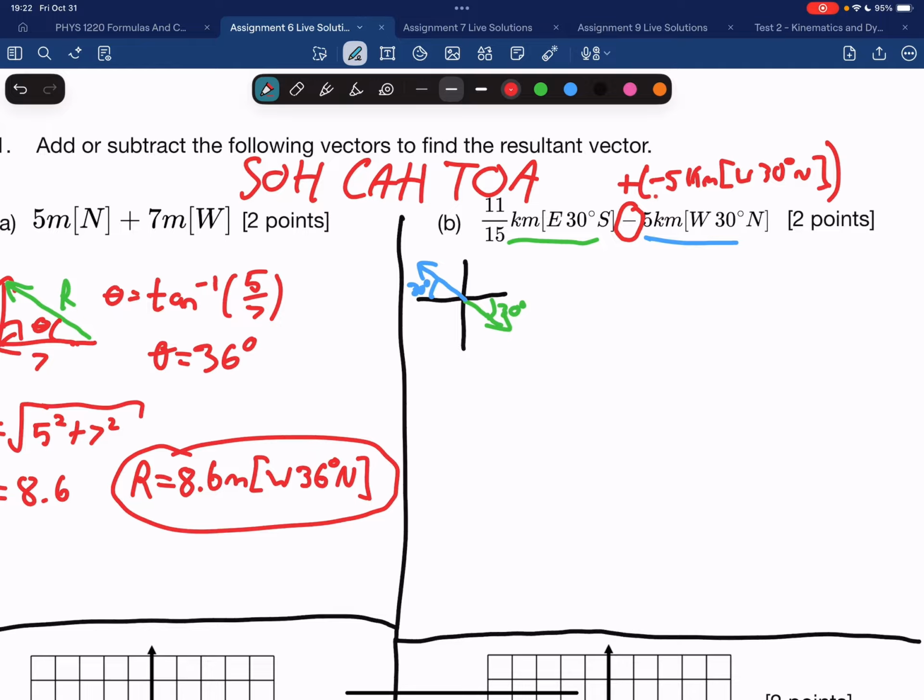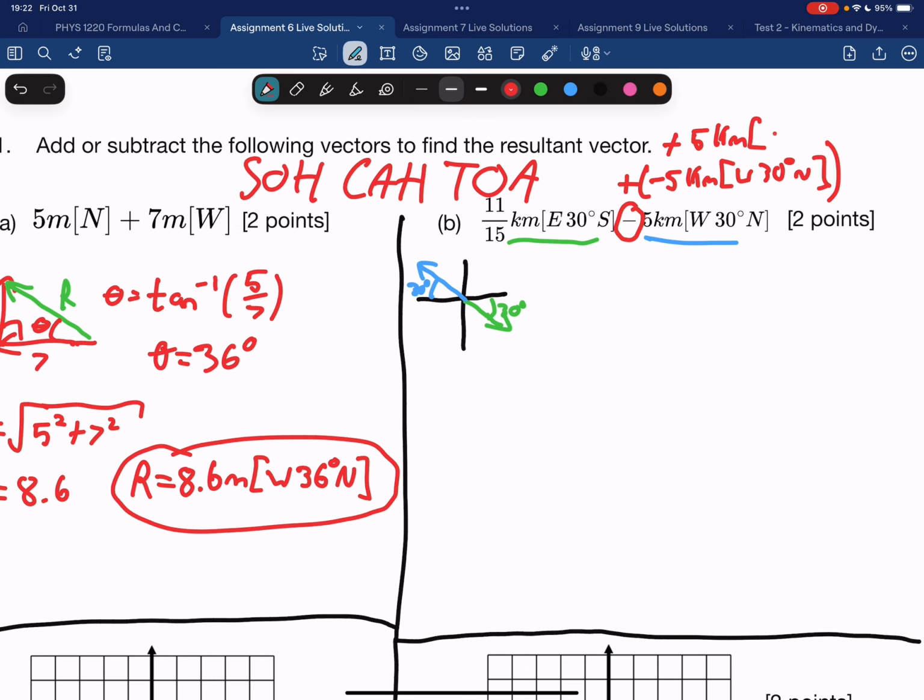And this negative here, I can swap the directions 180 degrees. So if I were to go 1 kilometer north, that's the same as going negative 1 kilometer south. Using the exact same logic here, we can flip that and have it say plus 5 kilometers.